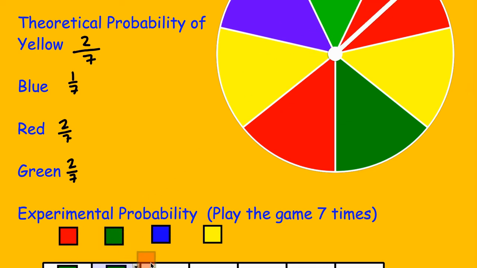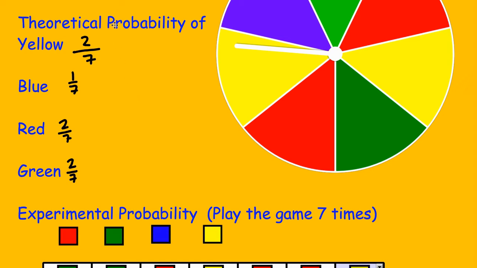We got red. Yellow. Red. Red. And yellow.